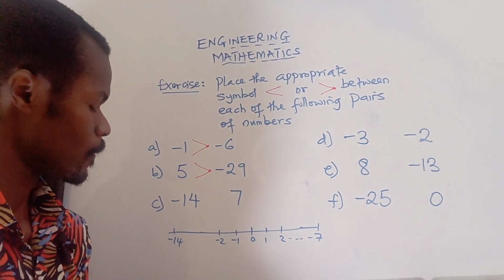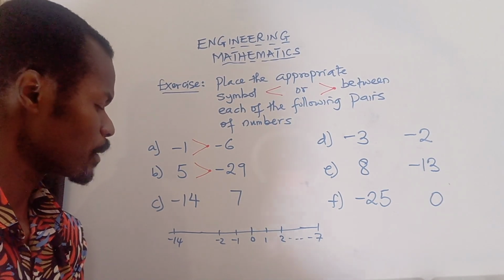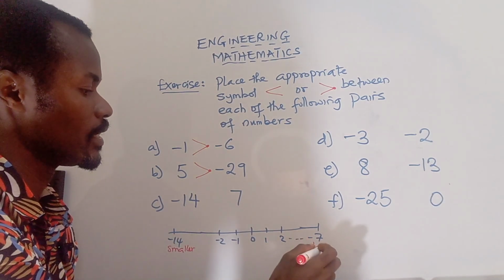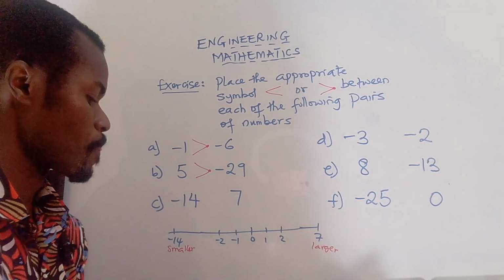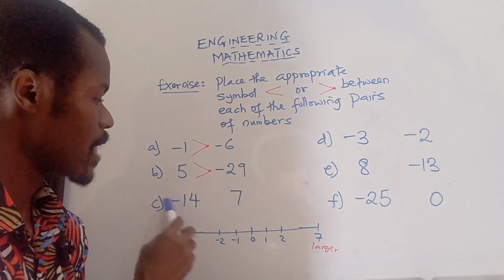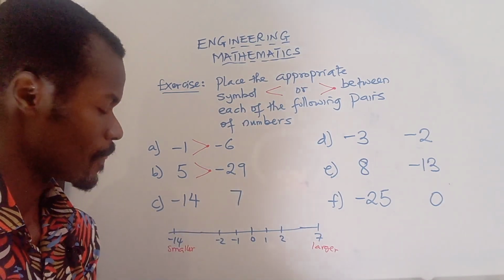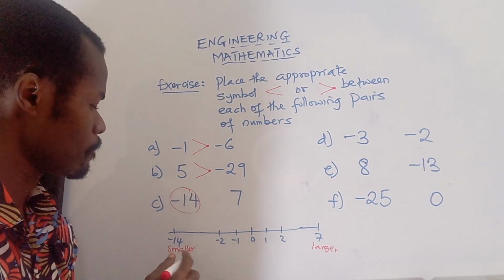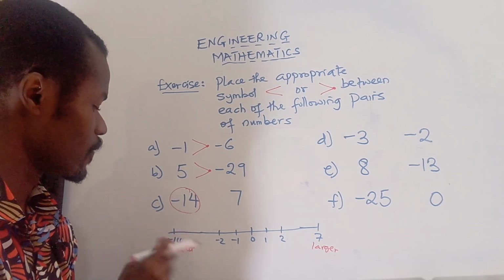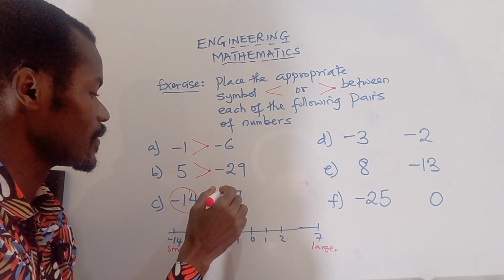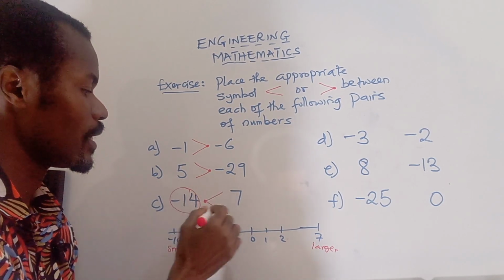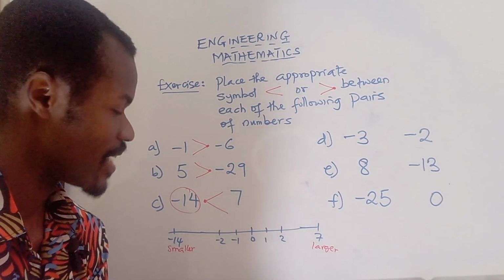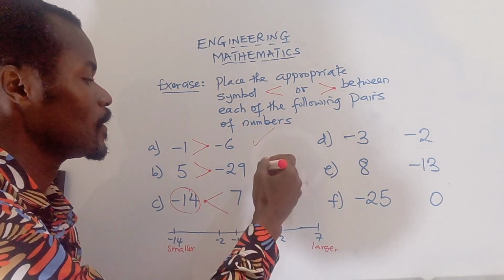We can observe that -14 here is smaller, and this is larger. Since we're starting with -14, it is smaller, so we are going to use this sign and point it to the left. So -14 is smaller than 7.